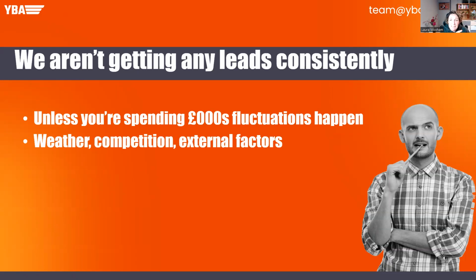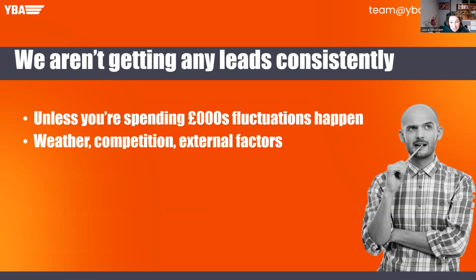The sorts of things that impact the inconsistency of leads are things like the impact of weather and the impact of potentially local competition. If it's a nice, lovely, sunny day, then people are less likely to be on Google doing their chores, finding removals, finding storage. Competition locally as well.